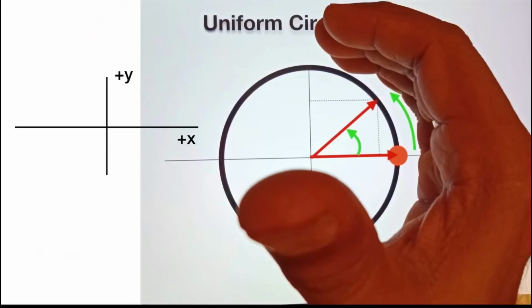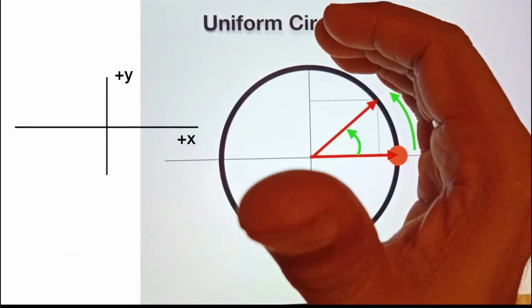Now let's see how we can get the direction of this displacement. As per the right hand thumb rule, if we curl our fingers in the direction of motion, which is anti-clockwise here, our extended thumb will show the direction of angular displacement. This is always along the axis of rotation.